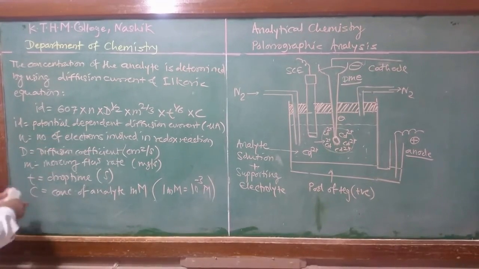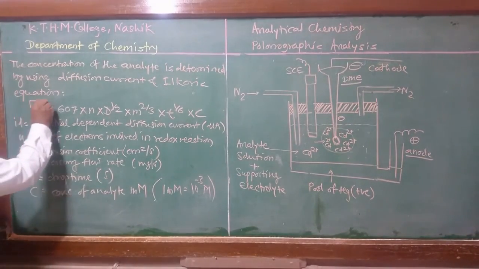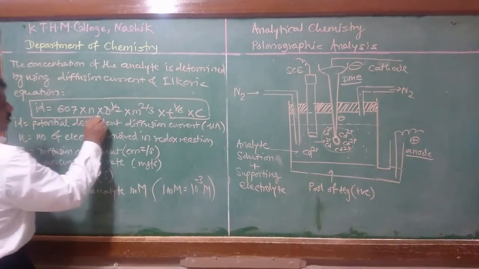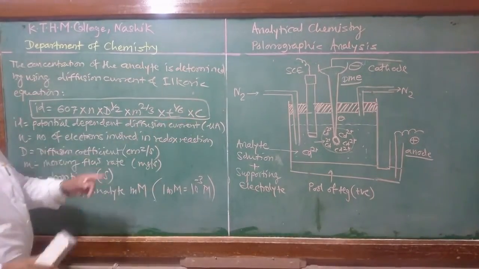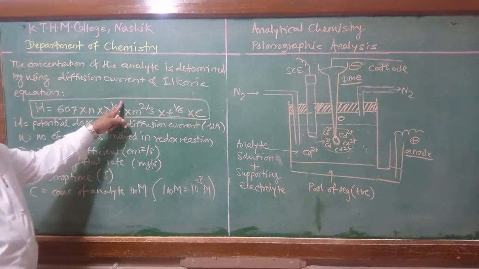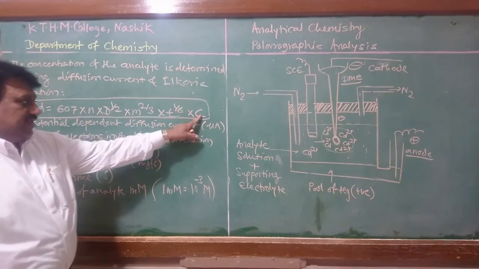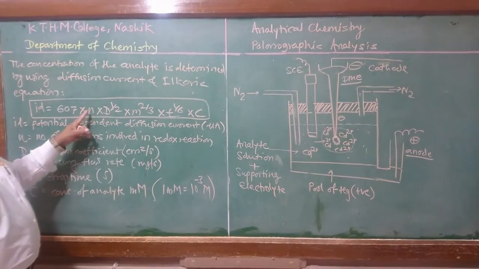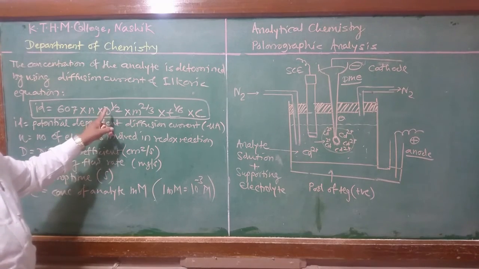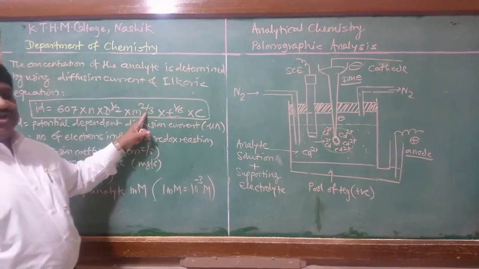Now, in this way, the concentration of the analyte is determined by using this Ilkovic equation, and we have to solve different problems based on this Ilkovic equation for determination of concentration of analyte, or for determination of the number of electrons involved in the redox reaction, or diffusion coefficient, or mercury flow rate.